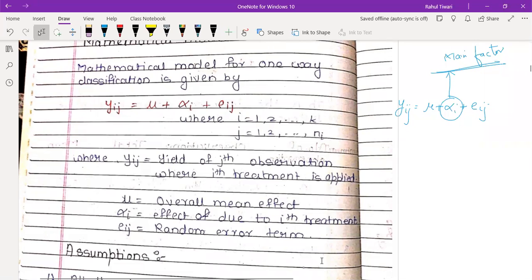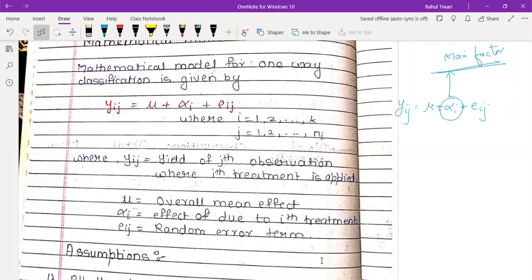See, when I applied it, suppose I have given training to the students. So what is the effect of that training? Can the students now do the task properly? Can students solve the problem on their own? What is the effect of that teaching? Or I have applied a different fertilizer to the plot.